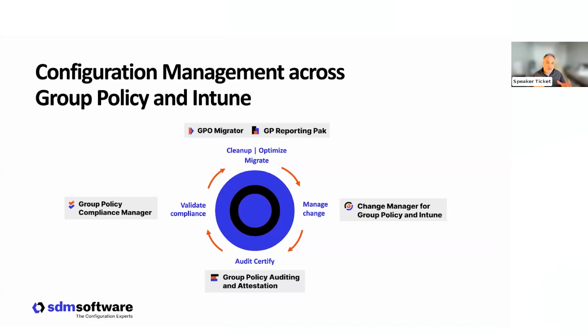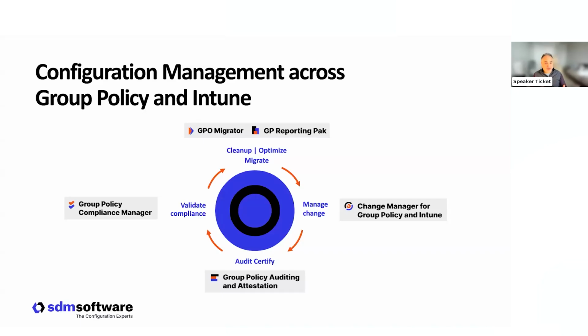But what about consolidating 4 or 5 GPOs, selecting which parts of those GPOs, and then consolidating it to an Intune profile? That's where GPO Migrator comes into play. And Reporting Pack will give you that, show me the conflicts and show me the duplicates and so forth.